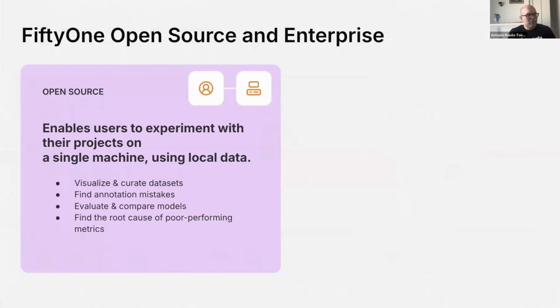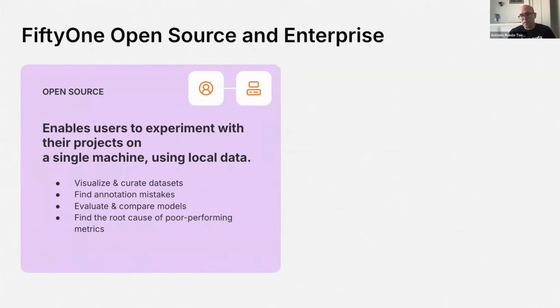So the open source version is great to use as a single user. It's great to use to visualize and curate datasets. It's great to use to find annotation mistakes, to evaluate and compare models, and also to find the root cause of poor performing metrics.